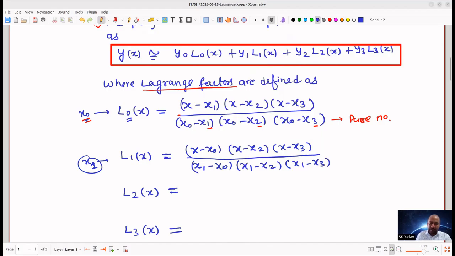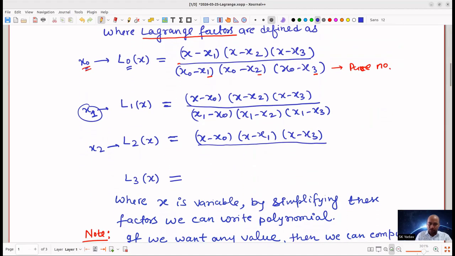Similarly, you can write L2, which is for x2. I can write this as x minus x0, x minus x1, and x minus x3 in the numerator, and in the denominator I have to subtract every other point from x2. So x2 minus x0, x2 minus x1, and x2 minus x3.